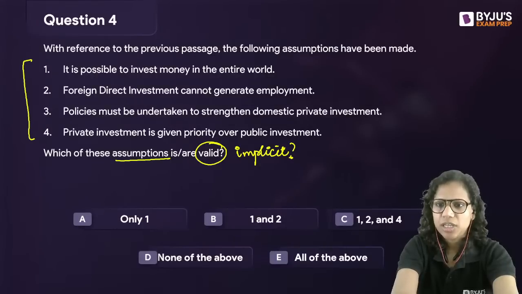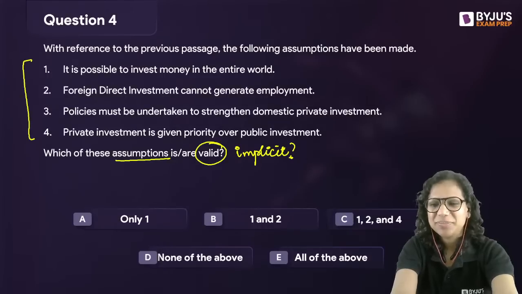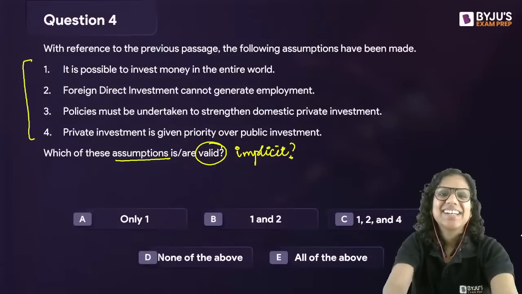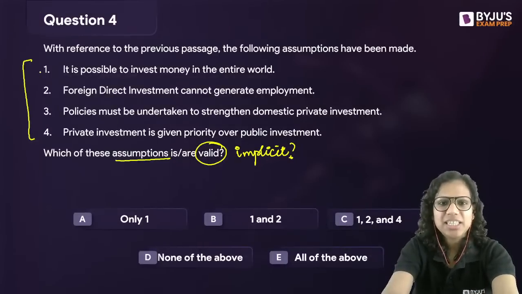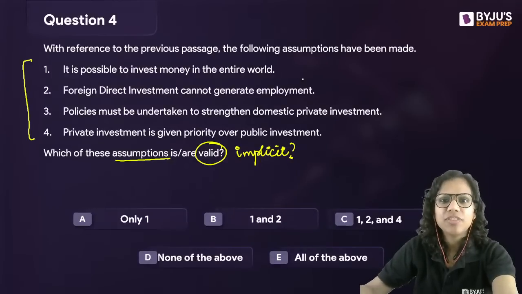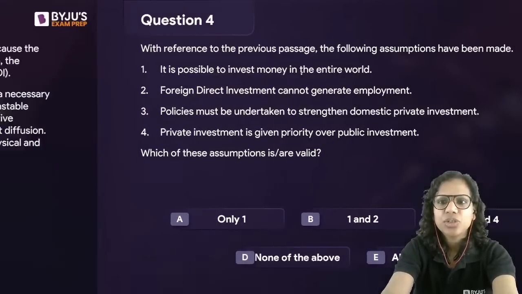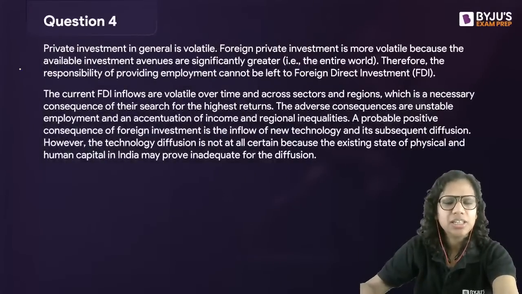I can see some correct answers. Some of you said none and all. First, let's see: is it possible to invest money in the entire world? Let's see if this is implicit in any statement.